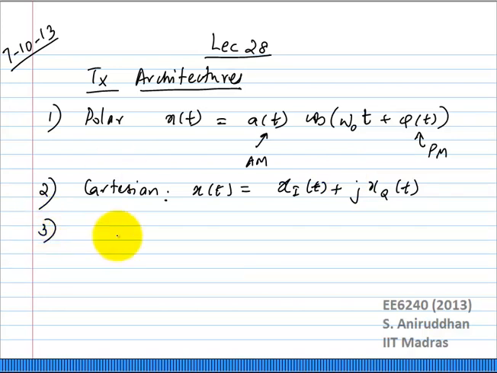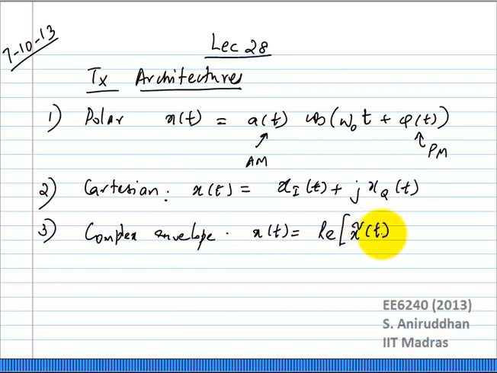And the third one, which we will not concentrate much on, is the complex envelope, where x of t is written as the real part of some x tilde of t e power j omega naught t.